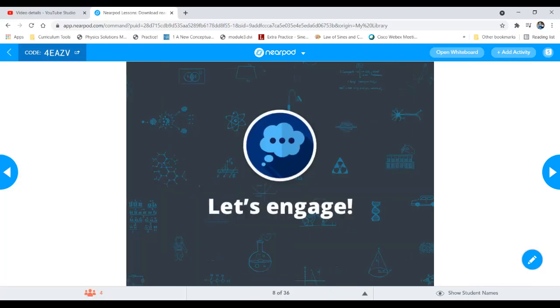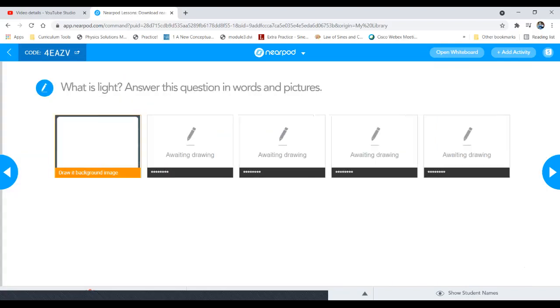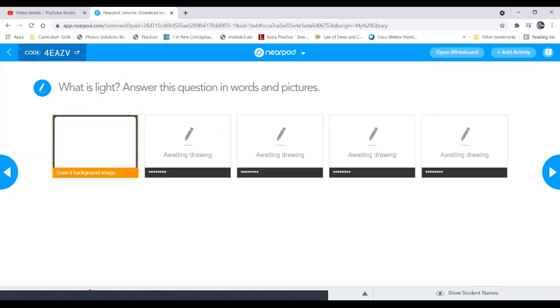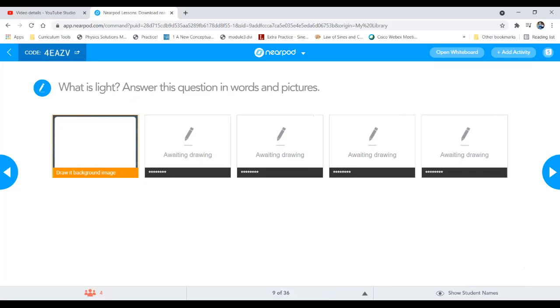So let's get started. You can either draw what light is or show me what light is. If you had to show a second grader what light is, how would you draw that?